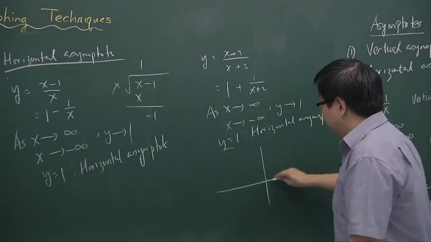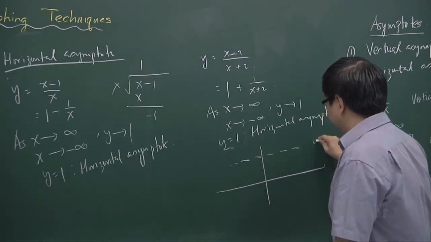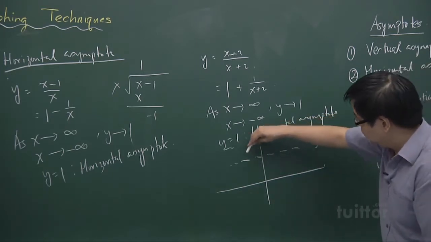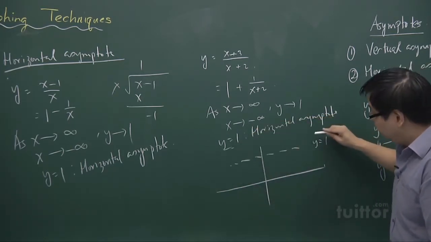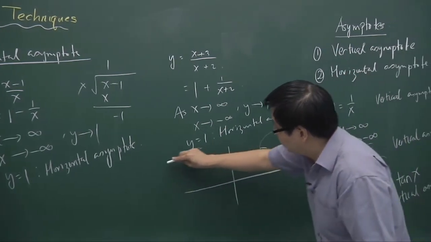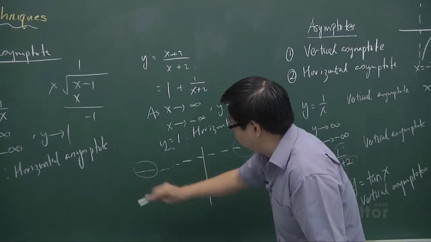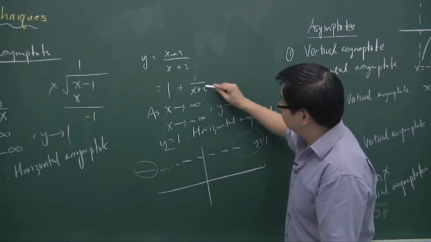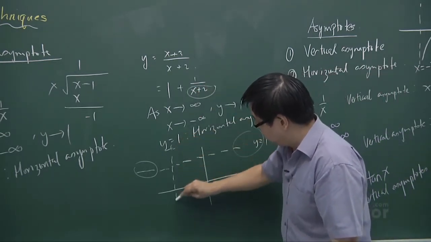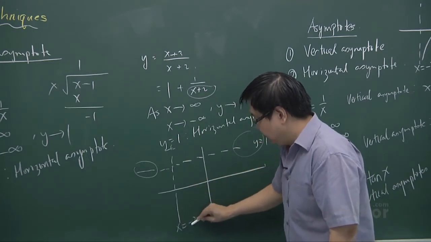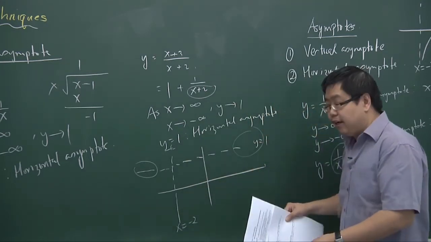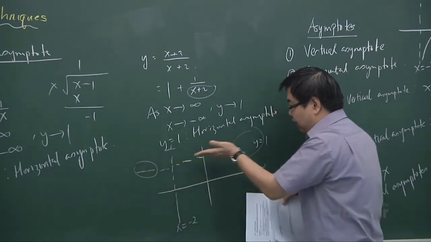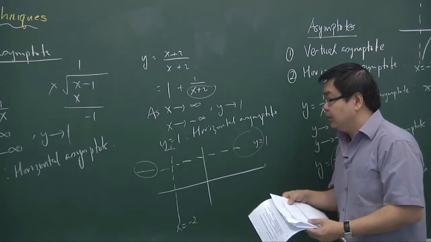In this case, the graph will approach y equals 1 when x goes to infinity or minus infinity, very, very large values. And likewise, you have the vertical asymptote, which is x equals minus 2. So with this information, you can already get the vertical asymptote, x equals minus 2, and the horizontal asymptote, y equals 1.